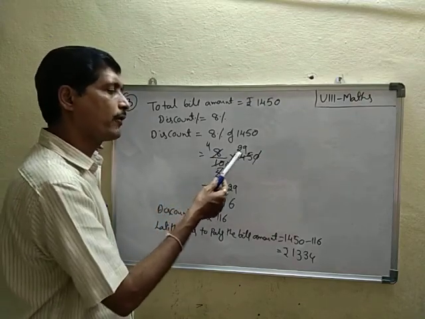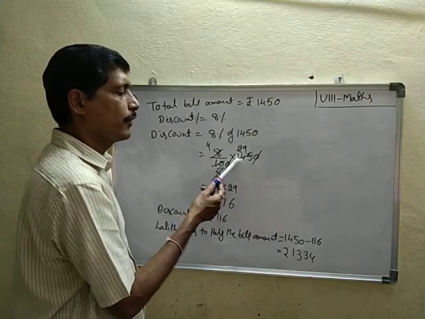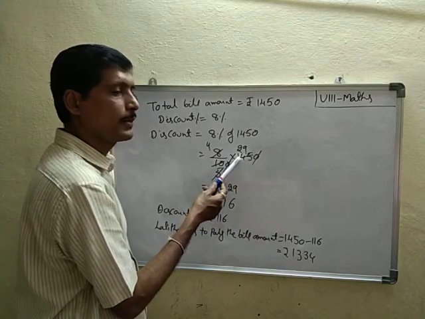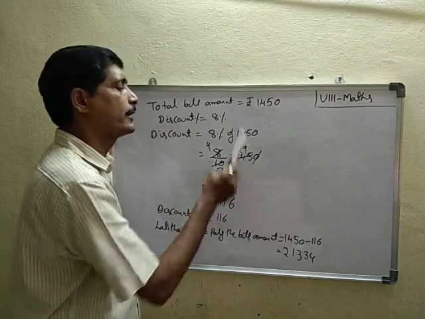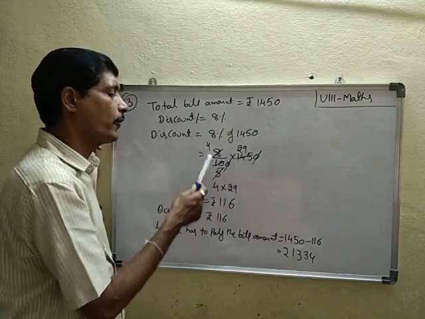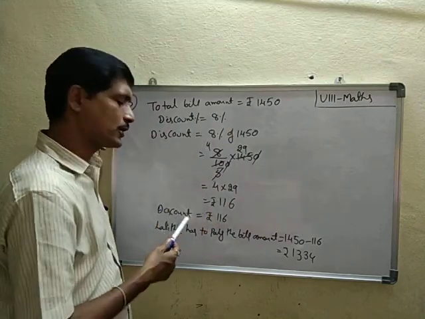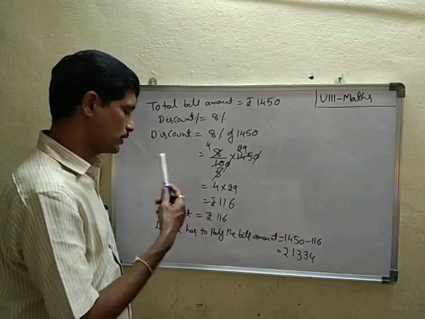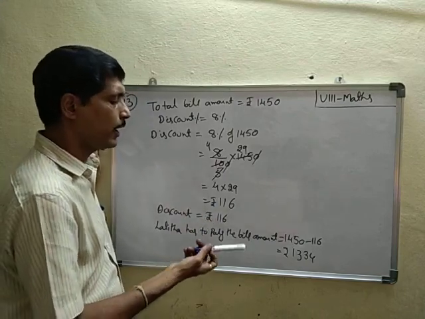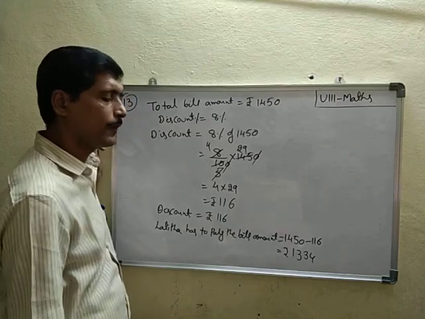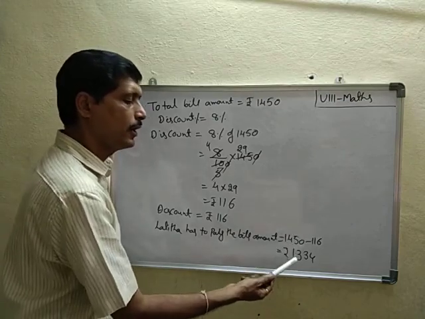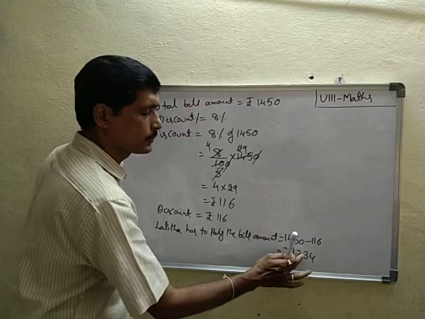Again 5 table and 145. 5 2 ja. Therefore 10, 14 minus 10 means that is 4 is there, 5, 45, 5 9 ja. Therefore 29 into 4 that equal to 116. Discount amount equal to how much? 116 rupees. Therefore Lalita has to pay bill amount equal to 1,450 minus 116 that equal to 1,334 rupees. Okay.